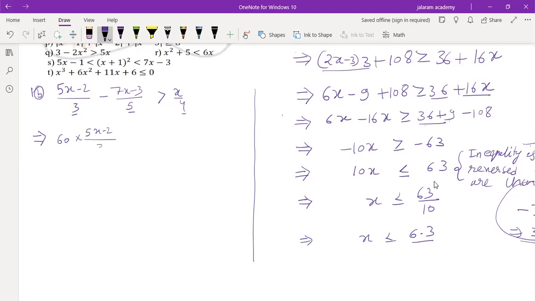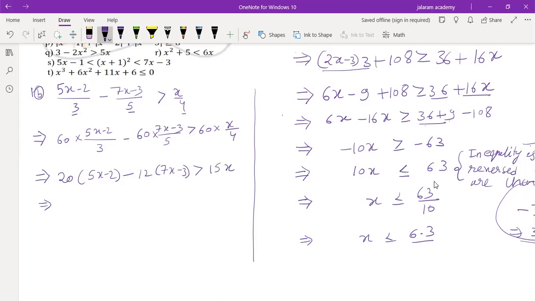60 into (5x minus 2)/3 minus 60 into (7x minus 3)/5 is greater than 60 into x/4. Is that clear to you? It implies now 3 twenties are 60, so 20 into (5x minus 2) minus 5 twelves are 60, so 12 into (7x minus 3) is greater than 4 fifteens are 60, so 15x.